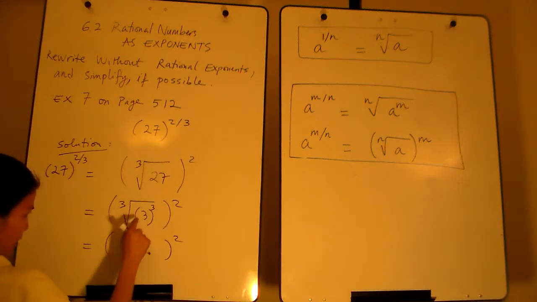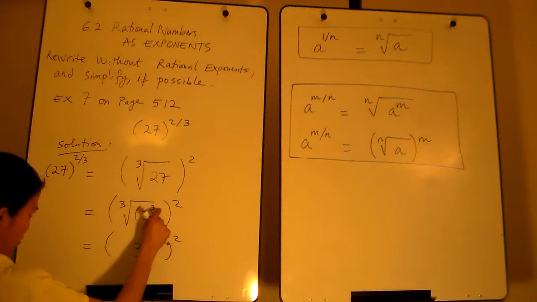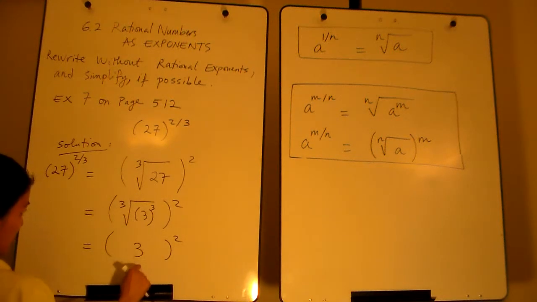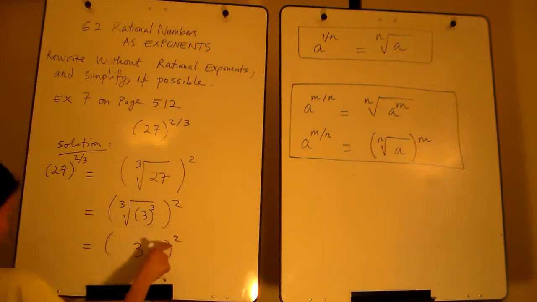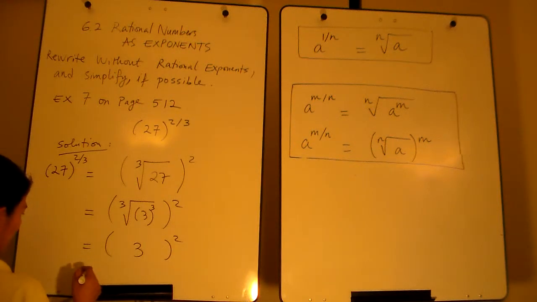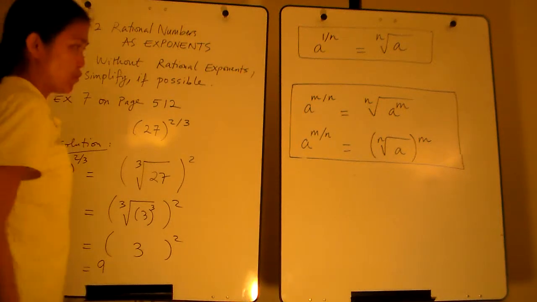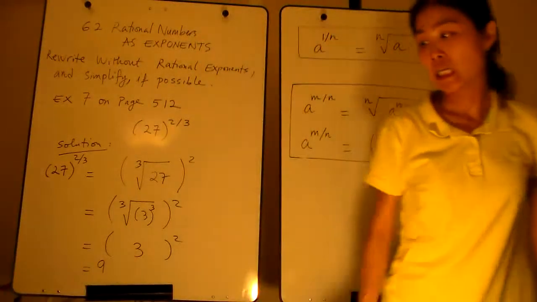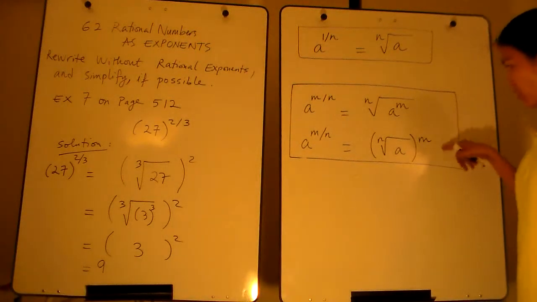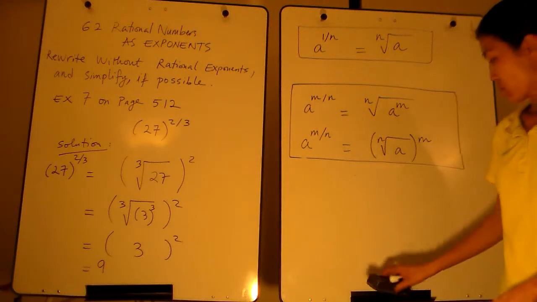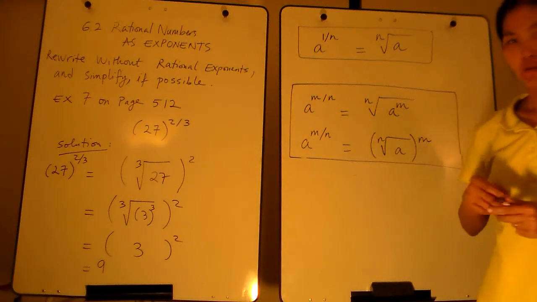Because we know that 3 raised to the third power, take the cube root, you get 3, and the outside exponent you just carry along. So 3 squared is simplified to 9. As you see, using either this formula or this formula, both yield the same answer, which is 9.